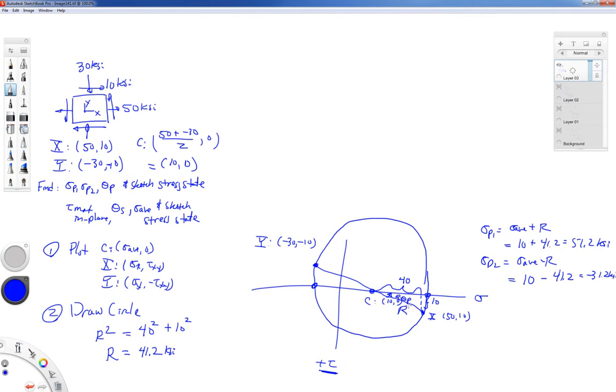It's kind of hard to see it, but I wrote in 2 theta p. The tangent of 2 theta p, based on what's going on in that triangle, is equal to 10 over 40. So I go to my calculator, I put in 10 divided by 40, I take the inverse tangent, it's 14 degrees, and then I divide it by 2 to solve for theta p, and that is 7.02 degrees.